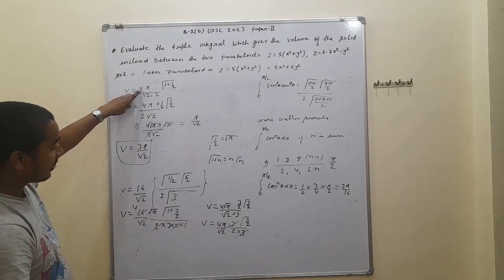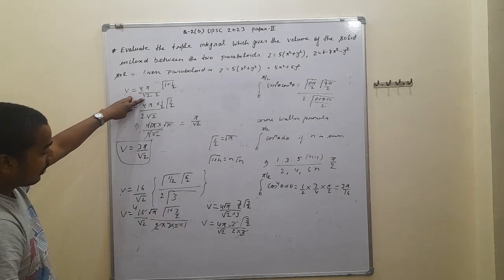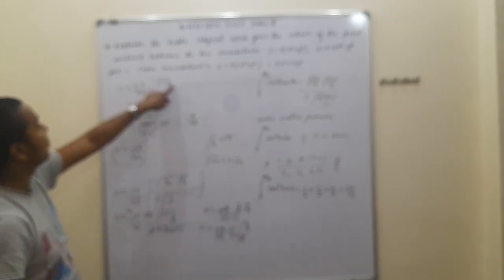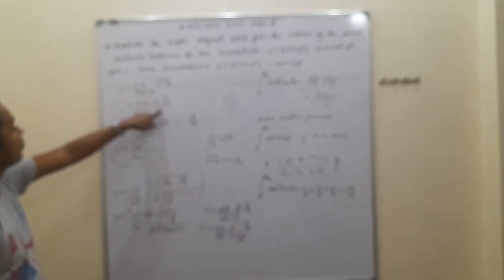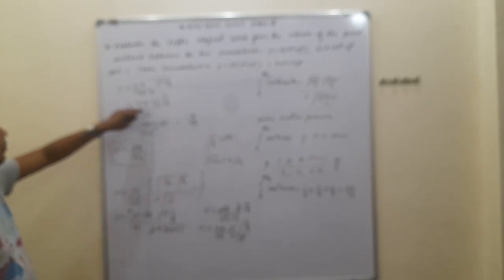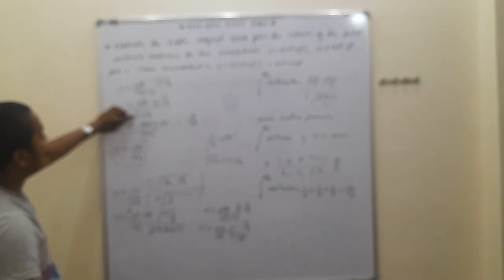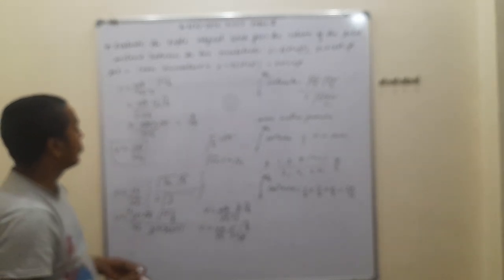Then 4 pi upon root 2, and 2 is also here, and gamma 3 by 2 is written as 1 plus 1 by 2, then 1 by 2 into gamma 1 by 2, that is 1 upon 4. This is root pi into root pi, that is pi. 4 and 4 cancel out, then the answer is pi by 2.